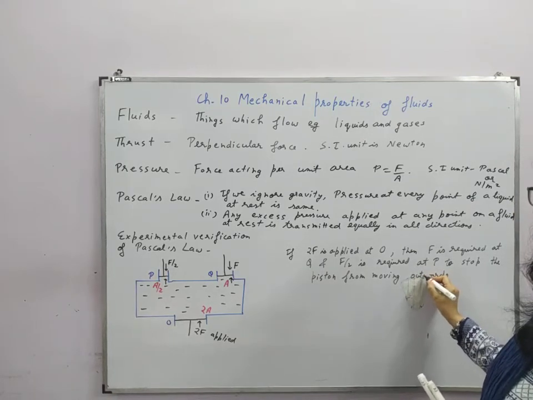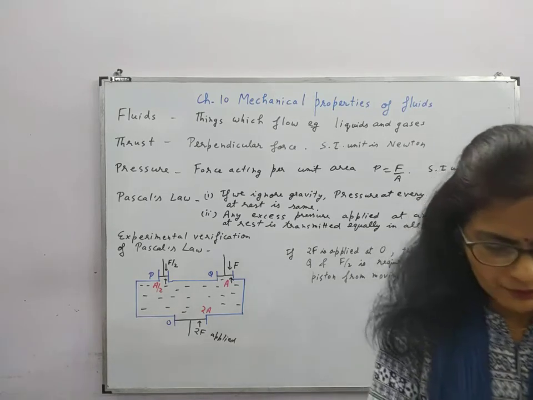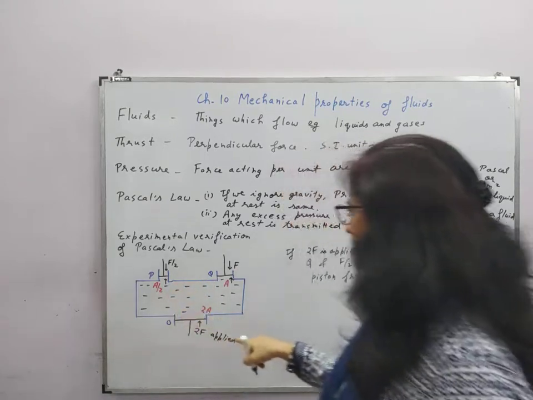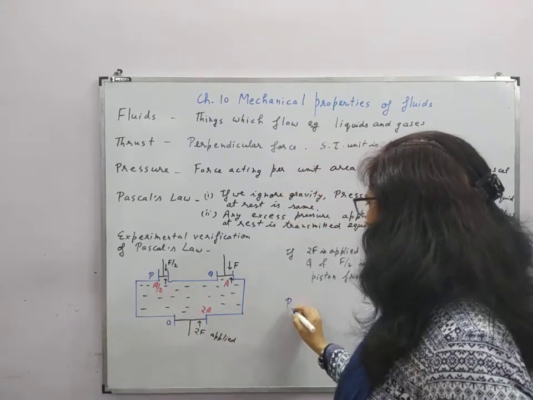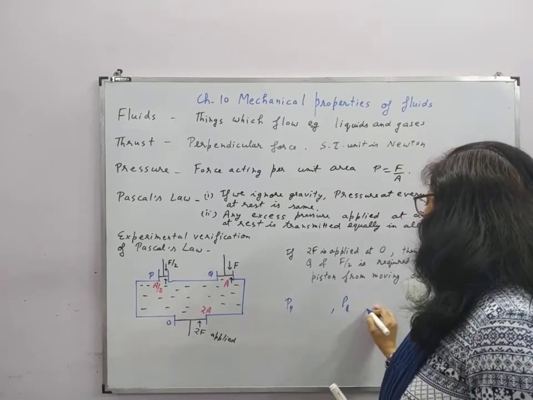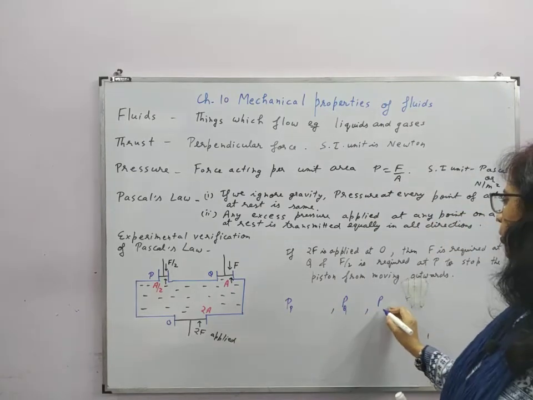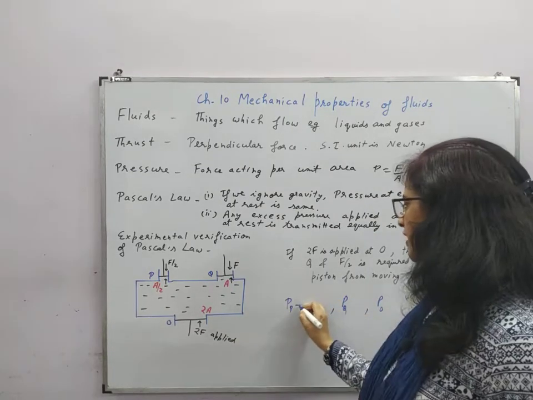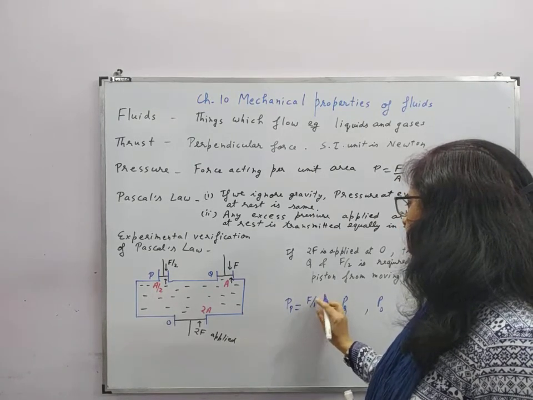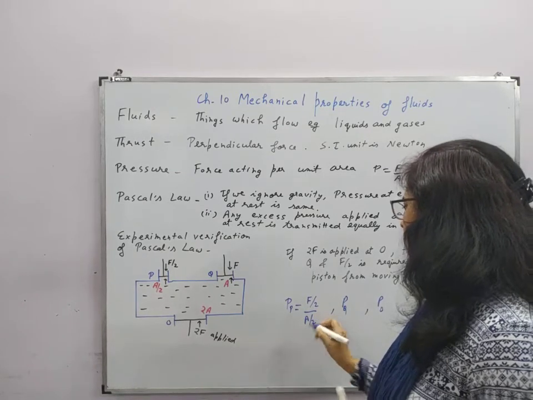So if this much force is required to stop these pistons from moving outwards, that means how much is the pressure at P, how much is the pressure at Q, and how much is the pressure at O. So for pressure at P, the force is F by 2, area is A by 2.